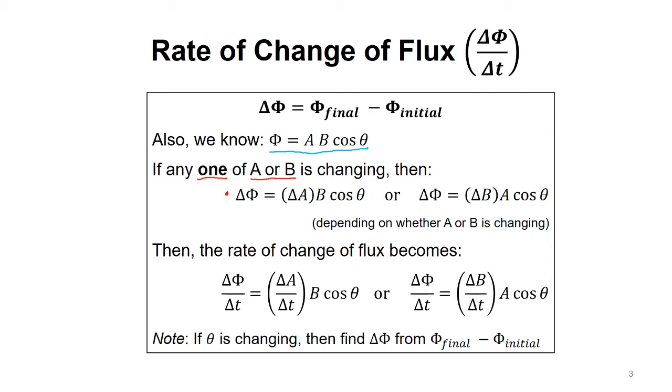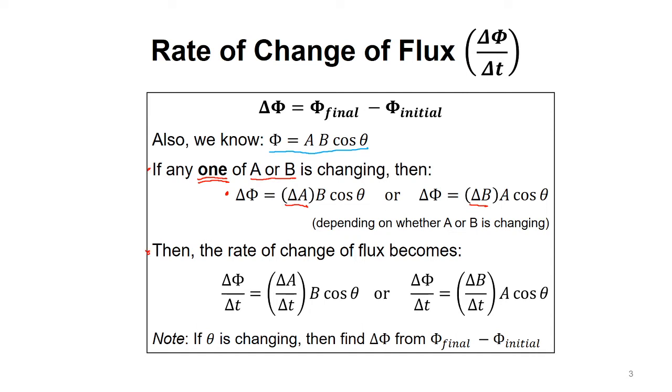You can change the above formula: put a delta phi on the left side, and then put a delta on the quantity that's changing. If the area is changing, you put a delta A. If the field is changing, you put a delta B, and everything else remains the same. This applies when only one of area or field is changing, not both.